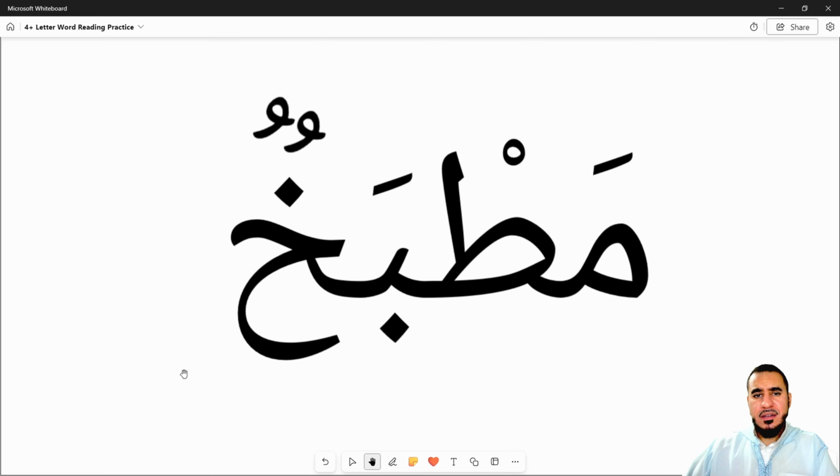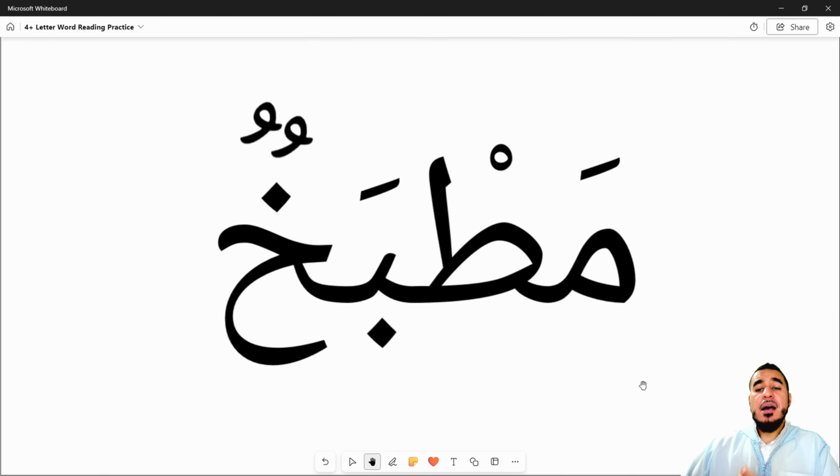So all together, how are we reading this word? It is matbakhun. Matbakhun. So you can hear me stopping on this, isn't it? Because of the sukoon. There's no vowel. Okay? Matbakhun. So slightly quicker, we would read it as matbakhun. Jamil.